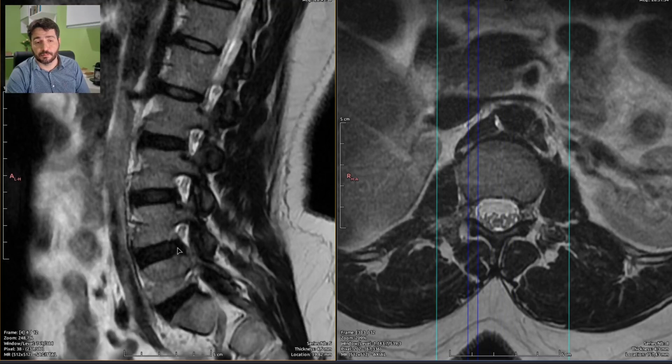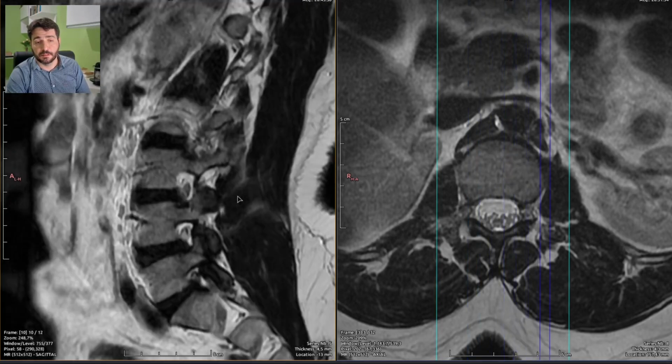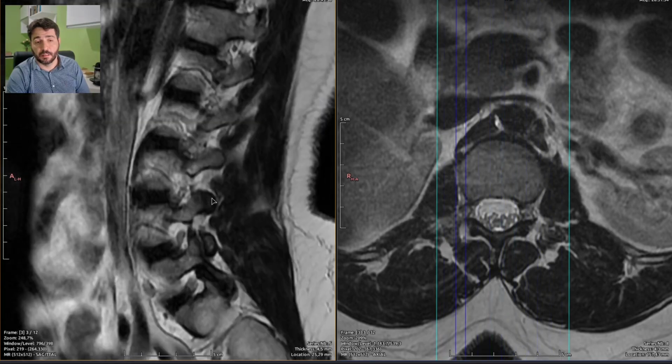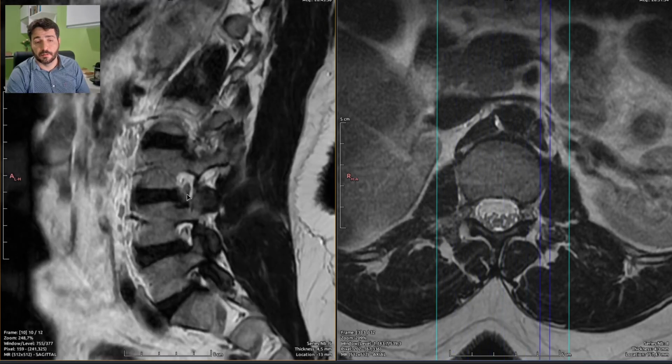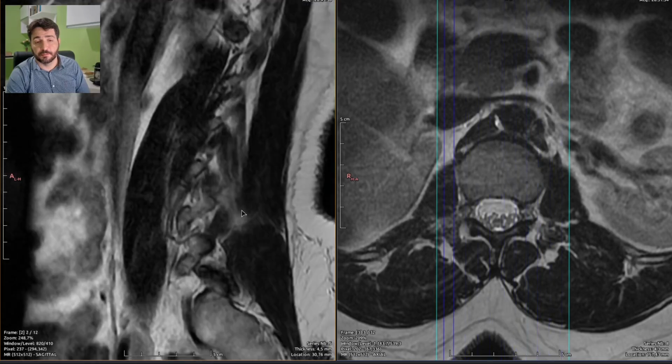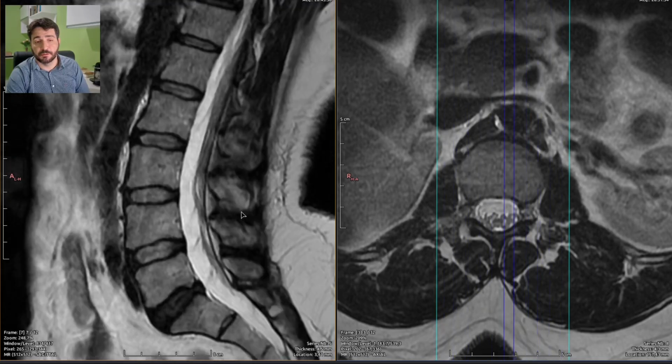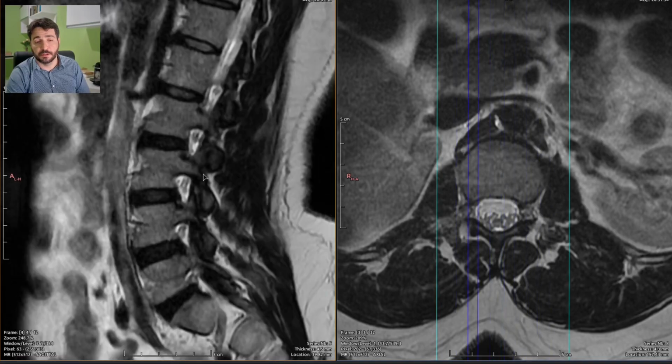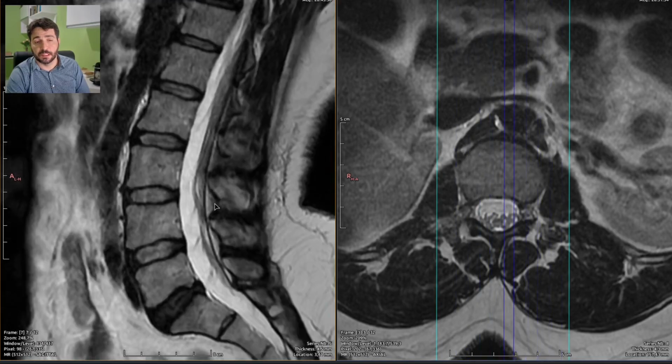But there isn't any sign of impingement of the emerging nerve root, so there isn't stenosis on this segment, just on L4, L5, and obviously on L5 as well. So let's grab a template and get on with this report.